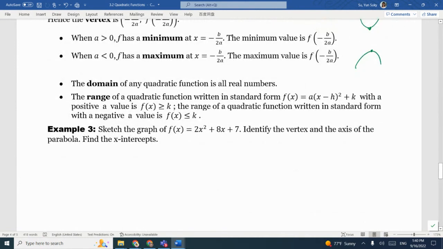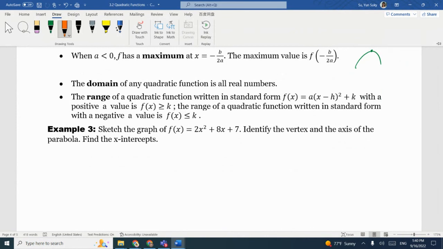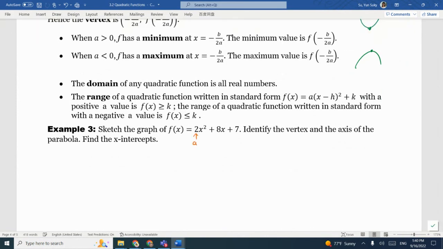Okay, example 3. Sketch the graph of f of x equals x squared plus 8x plus 7. Identify the vertex and the axis of the parabola. Find the x-intercept. Okay, so for this problem, a is the coefficient of x squared, b is the coefficient of x, c is the constant term.